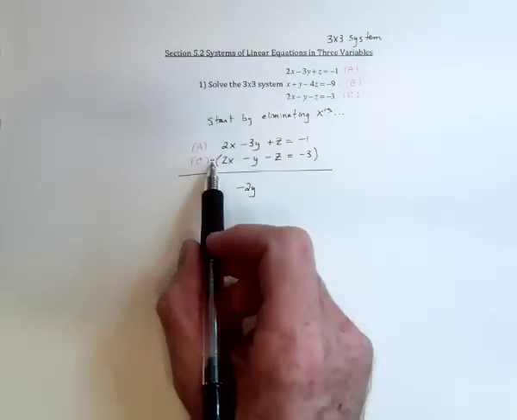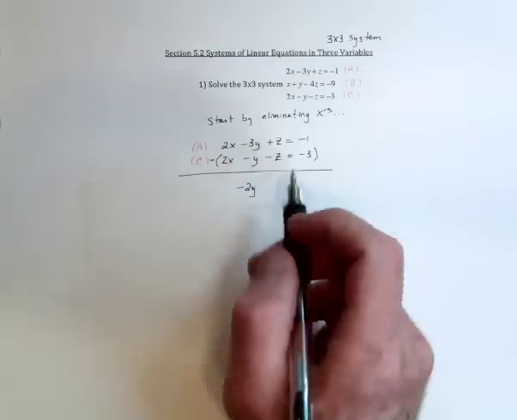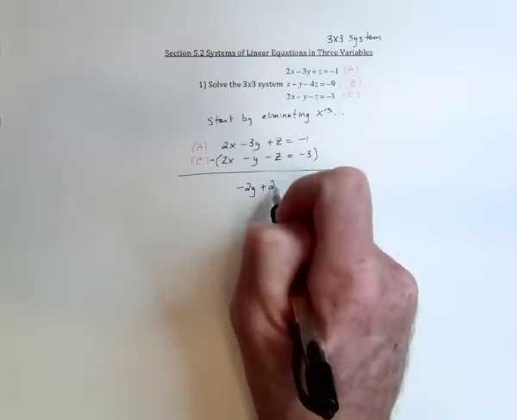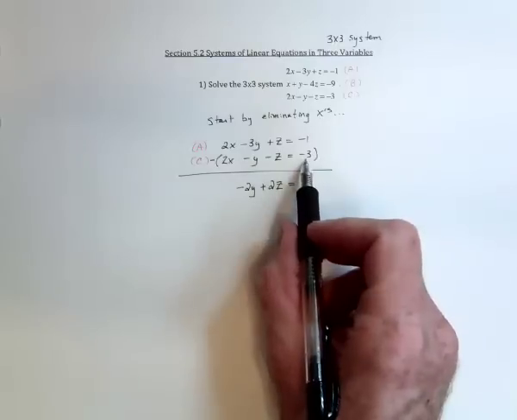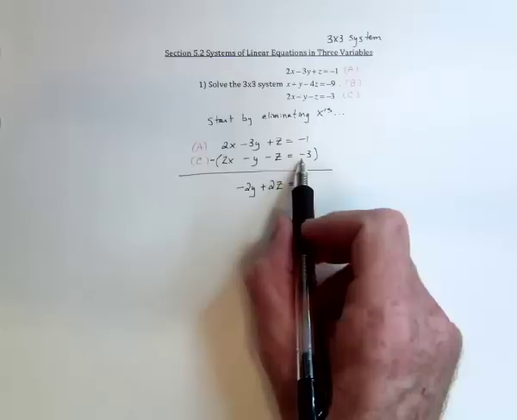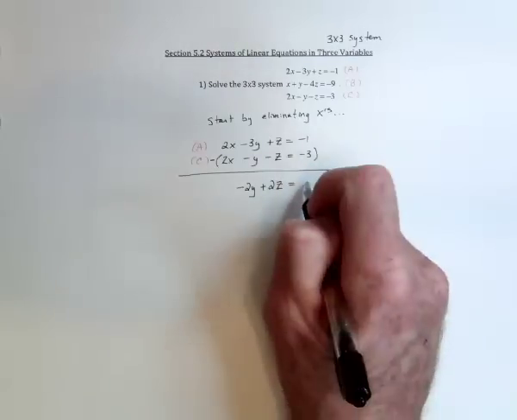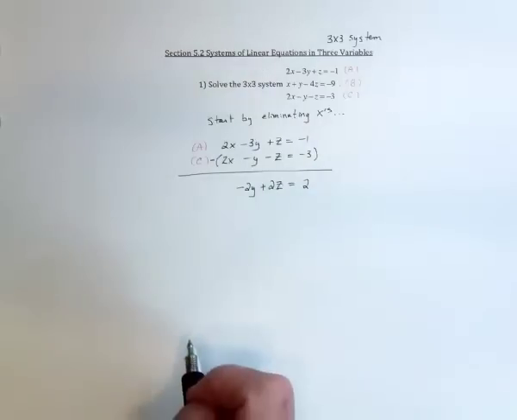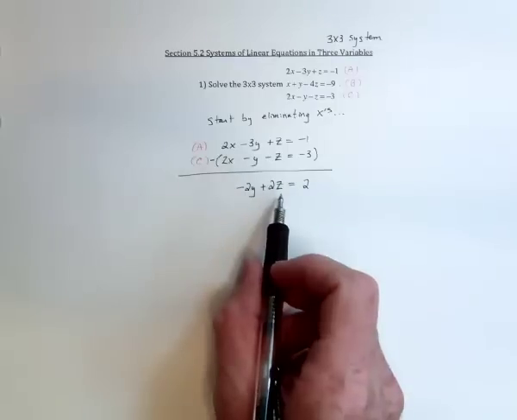And with the z's, the negative and negative will make a positive z, with another one makes two positive z's. And for the constant, this also has to be multiplied with the -1. So we've got a +3 subtract 1 is 2. Okay, now we've got one equation that has y and z in it.